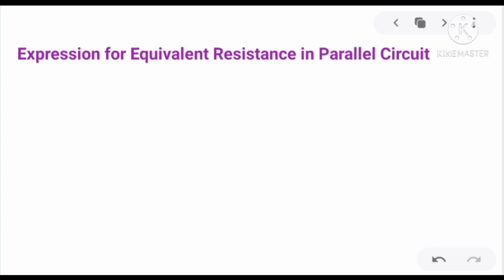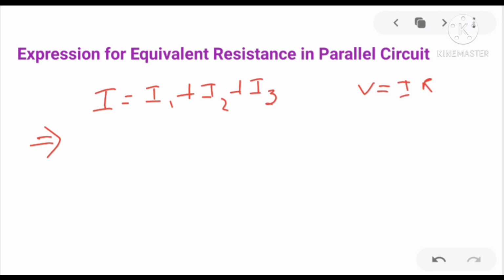So one important result we get is I equal to I1 plus I2 plus I3. This is the important result we obtain in the parallel combination. According to Ohm's law, V equal to IR, so I equal to V by R. Here V remains the same for all: V for this, V for this, V for this.